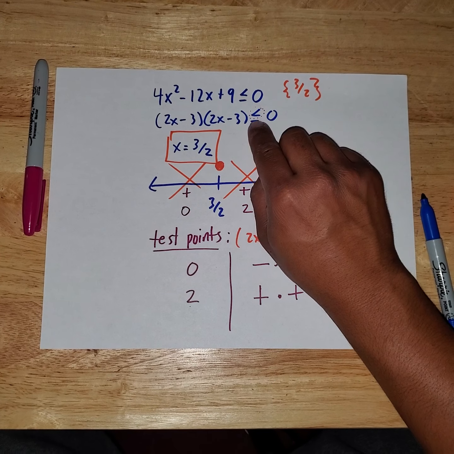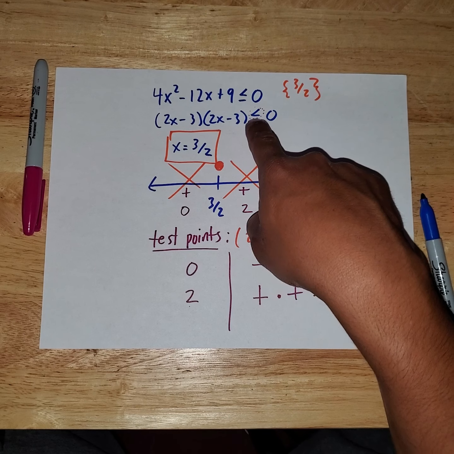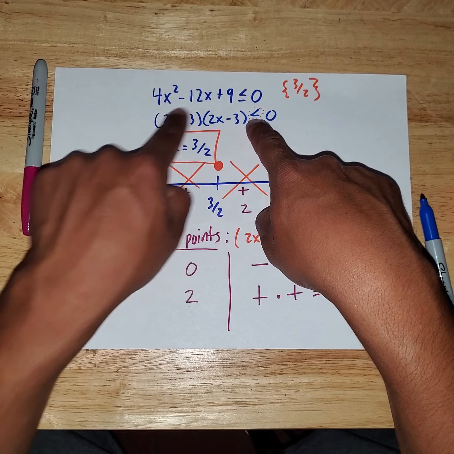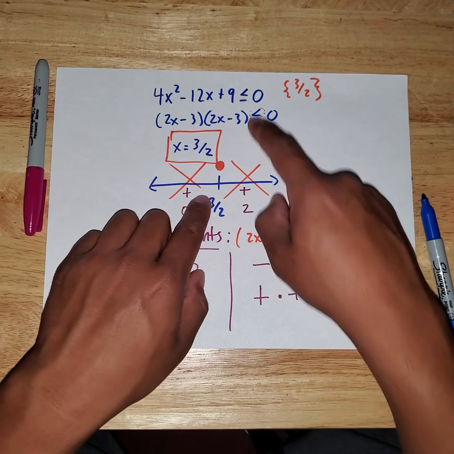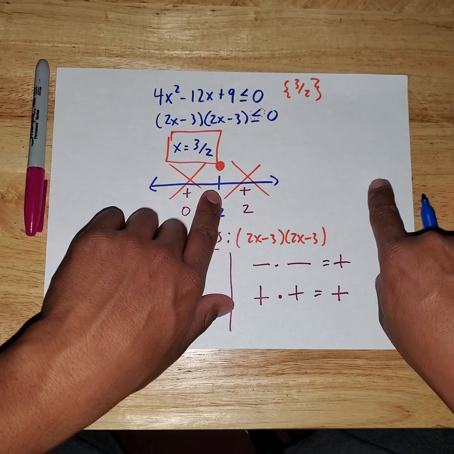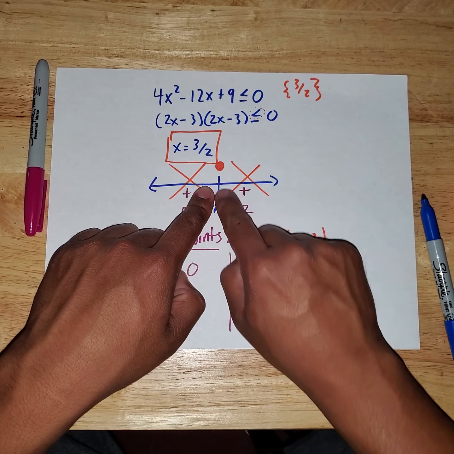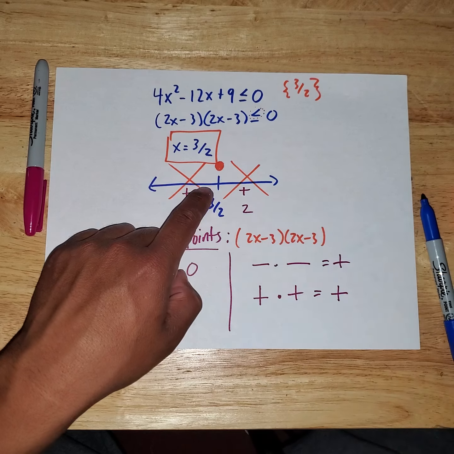If there was no equal to part, this would actually have no solution because there would be no value of x that would actually make a negative in here. Nothing whatsoever, because that's saying anything over here to infinity is positive, anything over here to infinity is positive. Only right here is this 0.